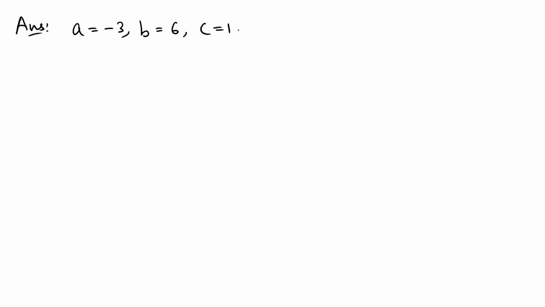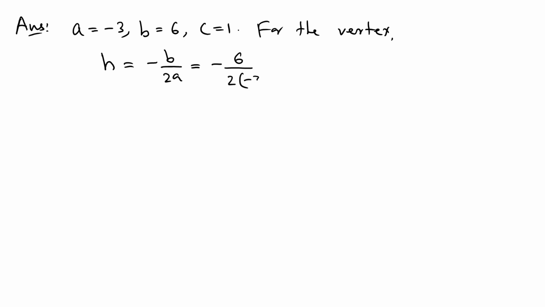For the vertex, h is, by theory, -b over 2a. So we plug in the values: negative 6 over 2 times -3, and if you simplify, the negatives cancel, it's 6 over 6, which is 1. So the h value is 1.